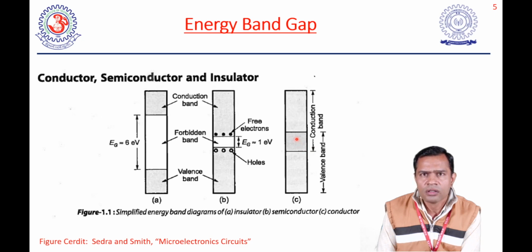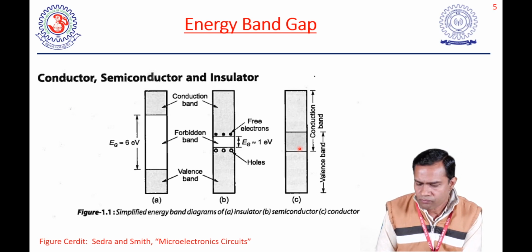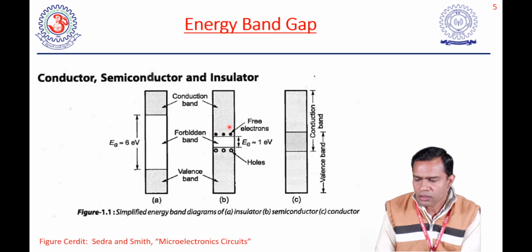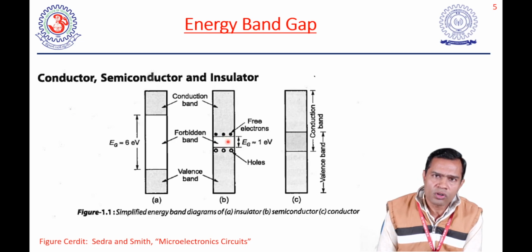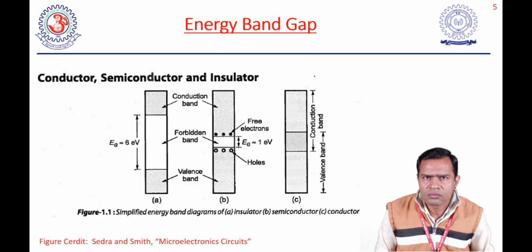So here there is no energy gap, and the conduction band and valence band overlap. In the middle one, the energy gap is 1 electron volt. So electrons from the valence band can be moved or jumped from the valence band to the conduction band using different methods to provide energy.